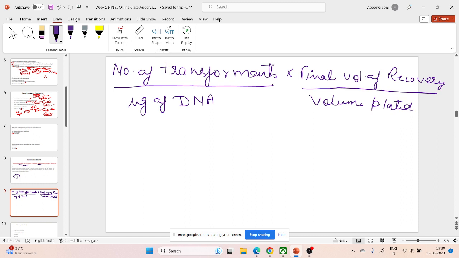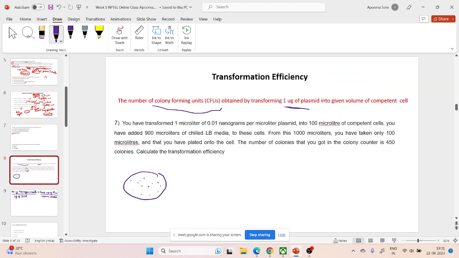Sorry for my bad handwriting. So transformation efficiency is calculated by the formula: number of transformants upon microgram of DNA into final volume of recovery upon volume plated. Now if you look at our question, number of transformants.